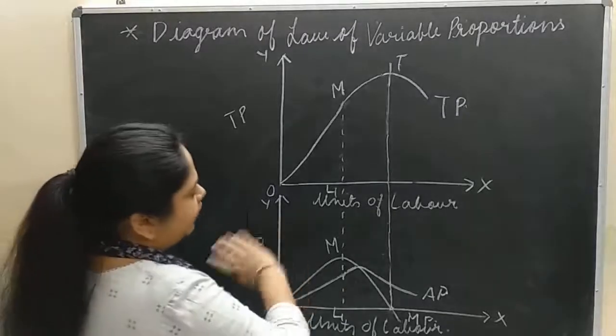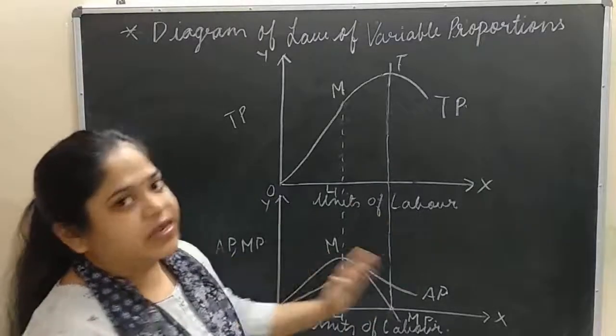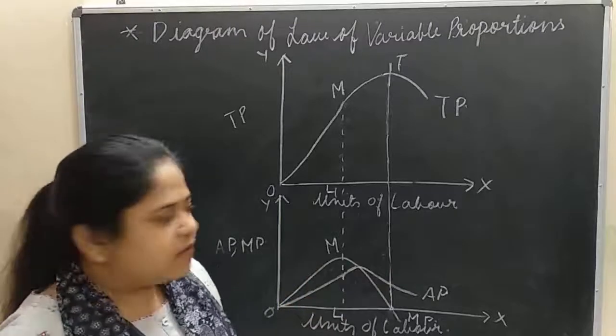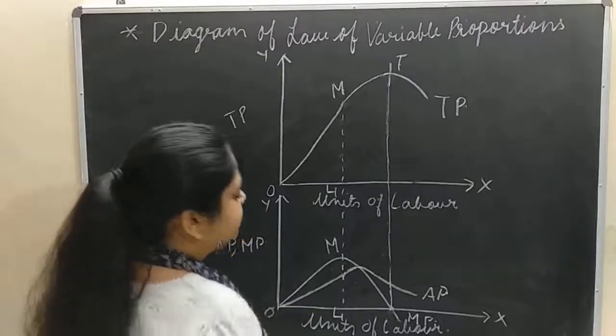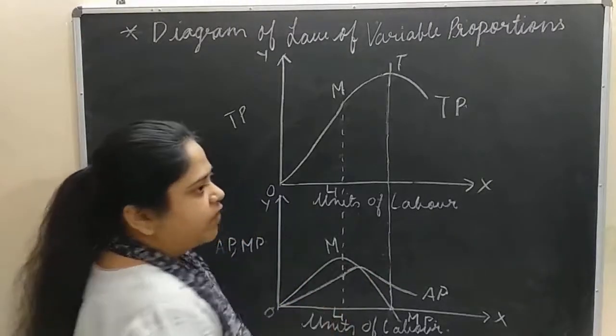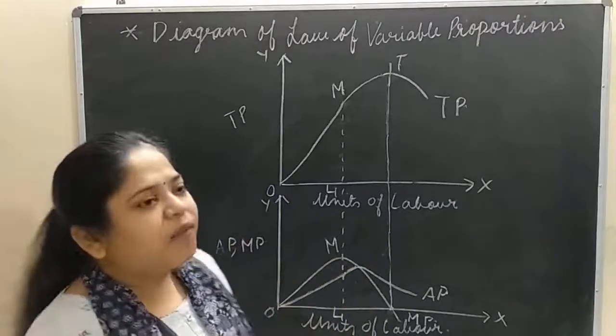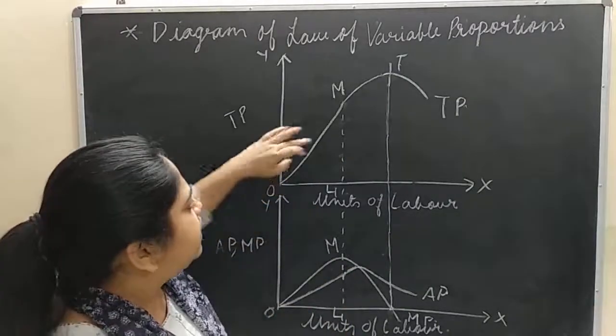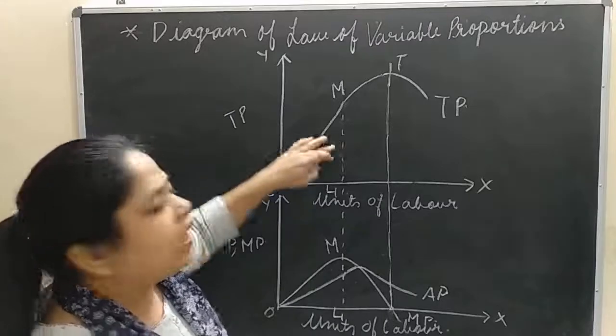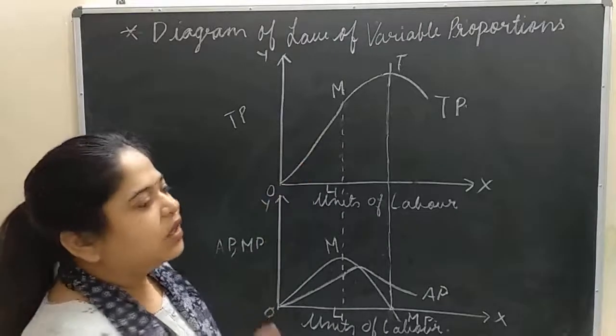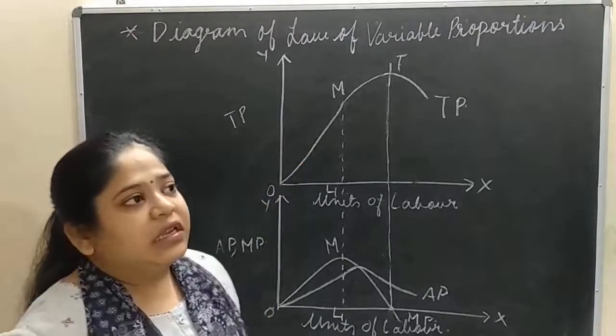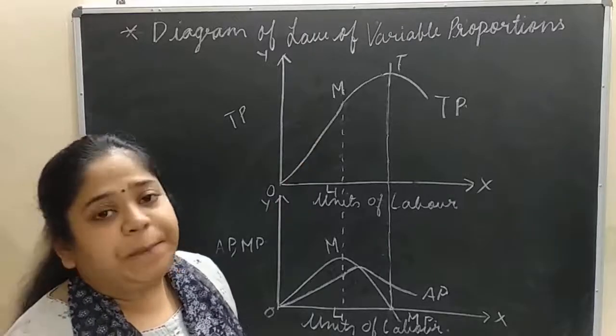First of all, we need to identify what the three stages are. For identifying them, this is the highest point of AP. Some books have shown that this is the first stage. That's not the correct answer. The first stage stops where AP is maximum.